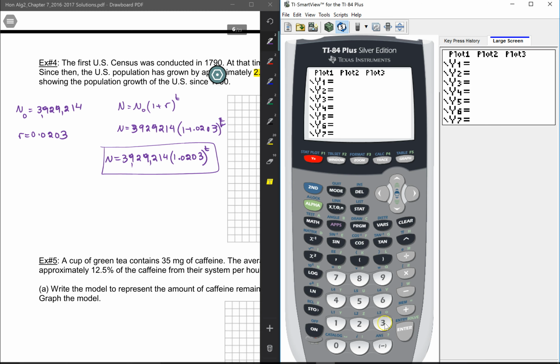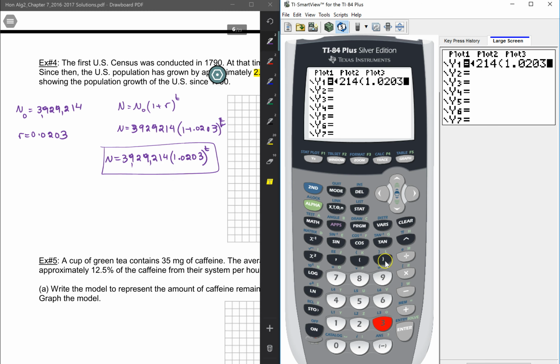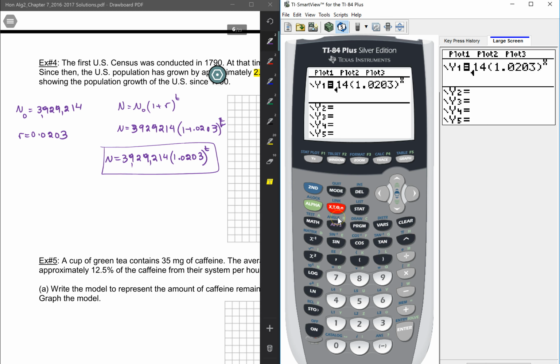We're going to plug that in. So instead of T, we're going to put in X.